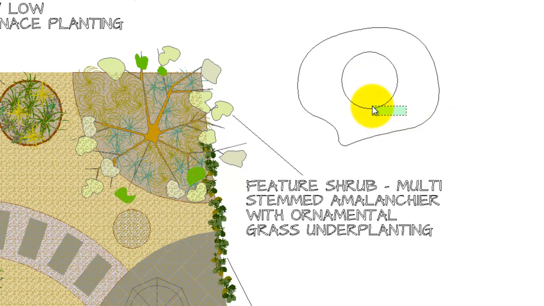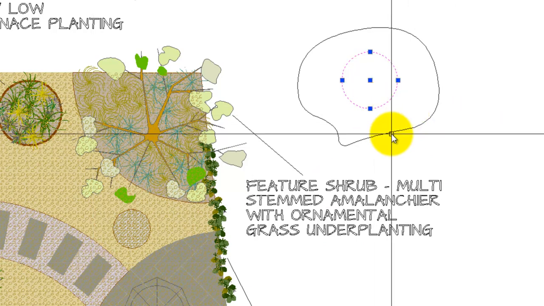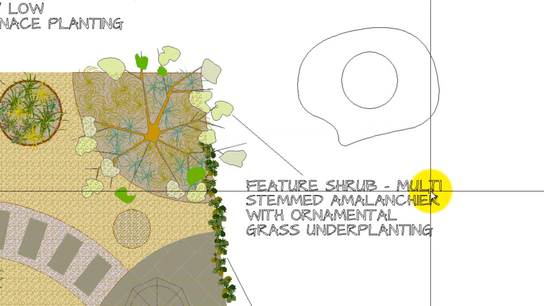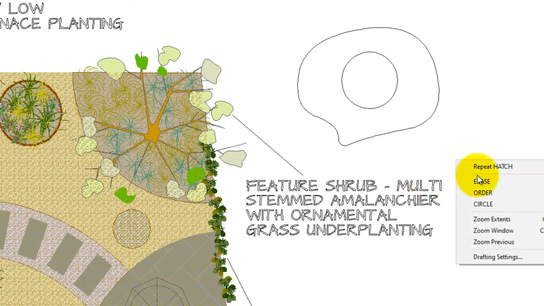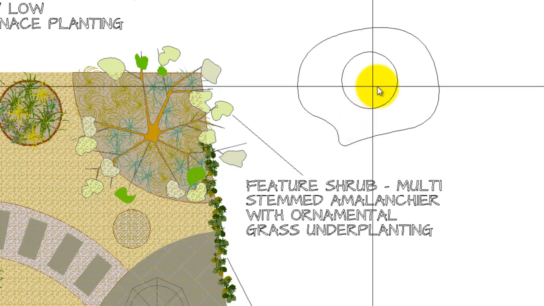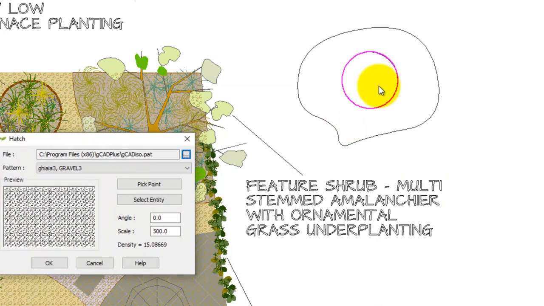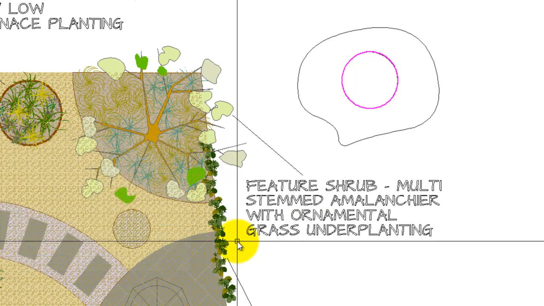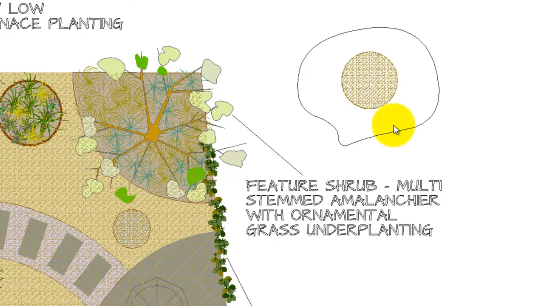So if I now drag over there, sorry, let's try that again. Repeat the hatch, pick a point inside there, and if I then hit enter, I get an opportunity to hatch in there. So let's set that at our lower value of 100, and it hatches nicely.